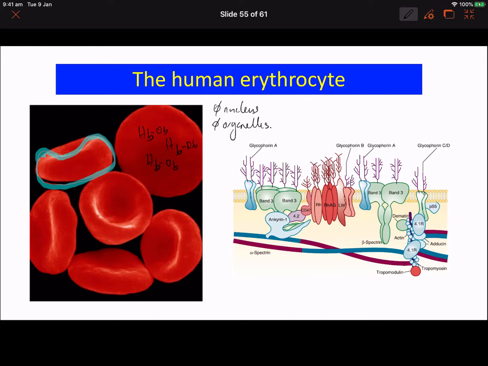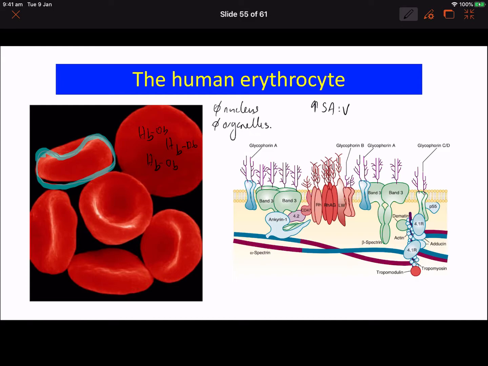And this is one of the reasons why it adopts this characteristic biconcave donut-shaped appearance. It greatly increases the surface area to volume of the red cell to obtain oxygen from the environment and load it into hemoglobin to cause oxyhemoglobin.